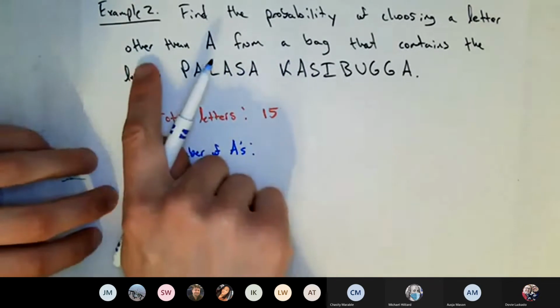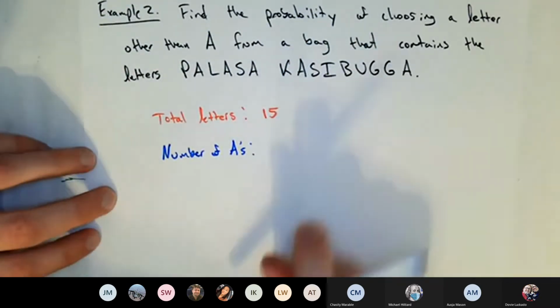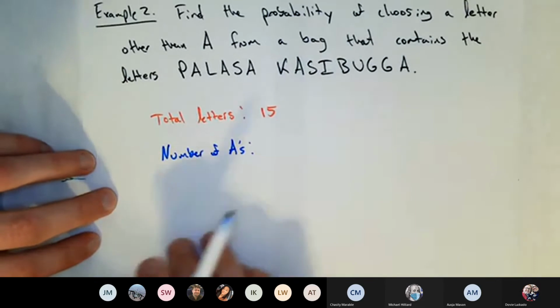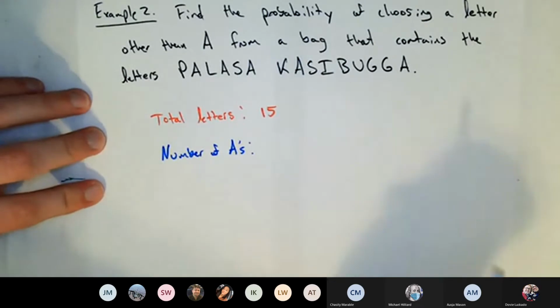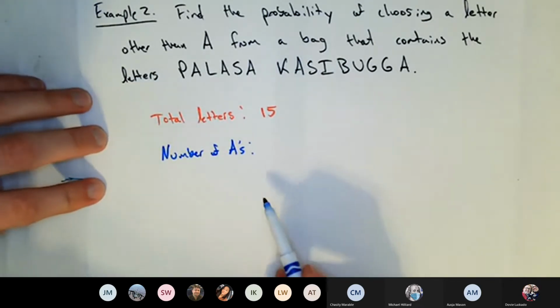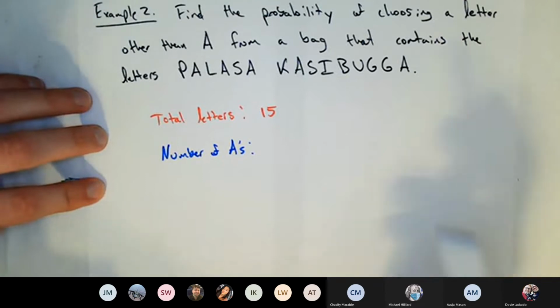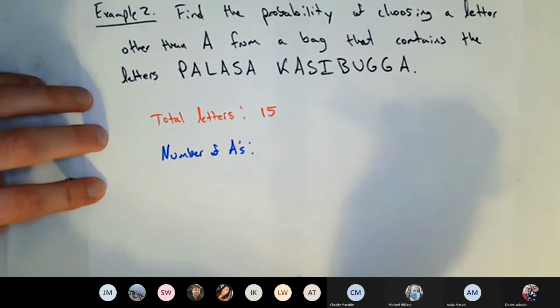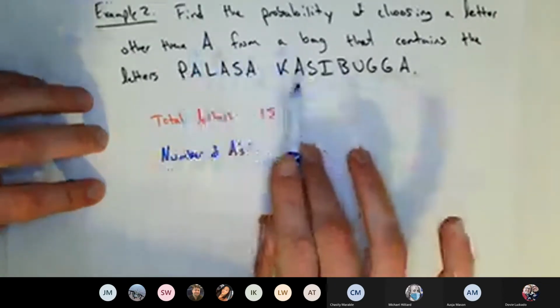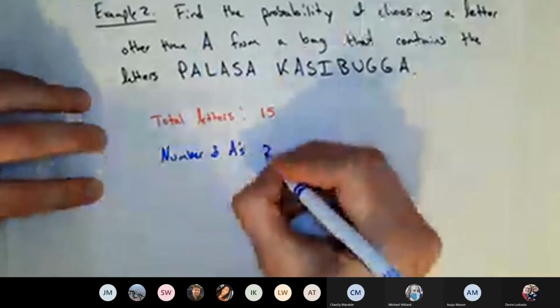But really what I want is a letter other than A, right? Sorry, I kind of skipped over that. I wrote it down, but skipped over it in my head when I was thinking about the problem. I can still find the number of A's, and then if I want the number of letters that are not A, I'll just subtract. So there are 1, 2, 3, 4, 5 A's.